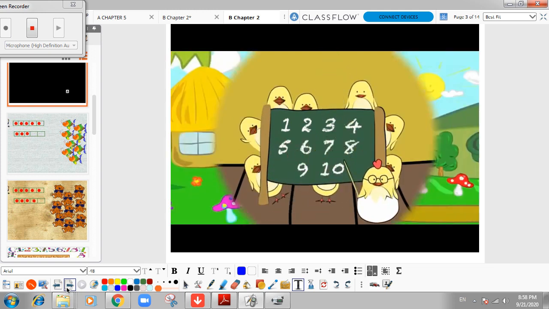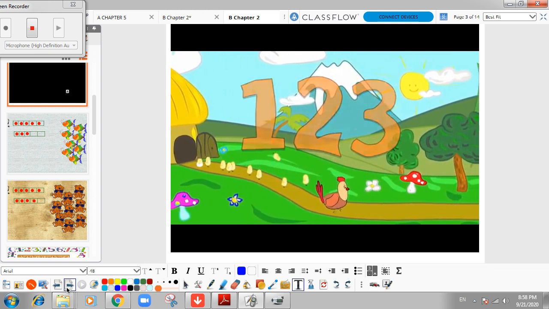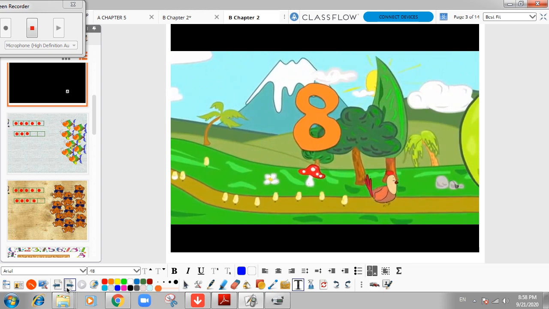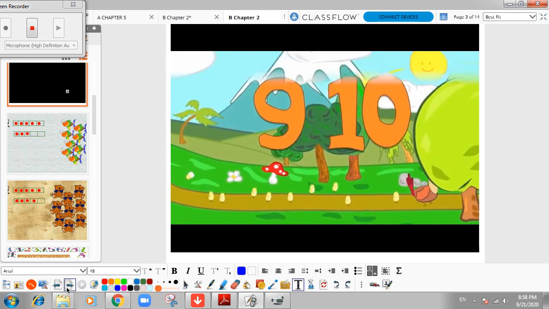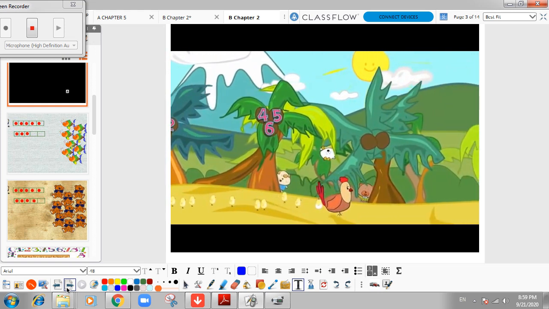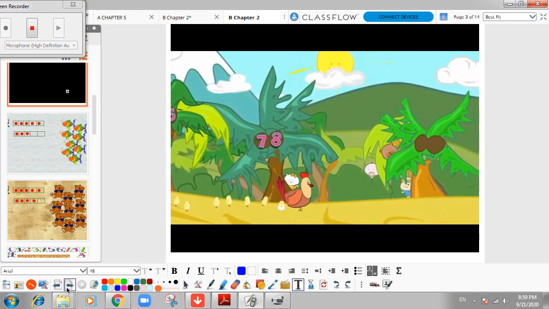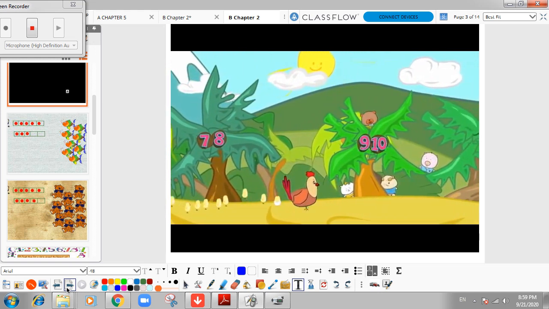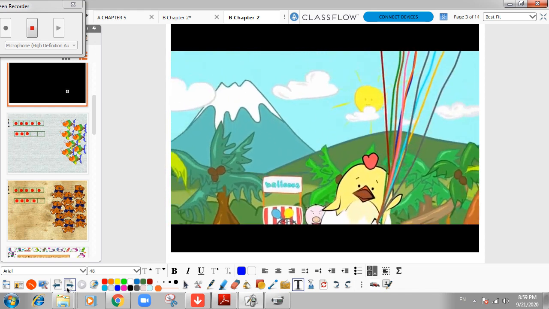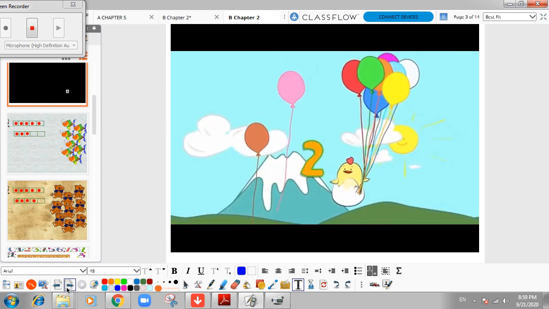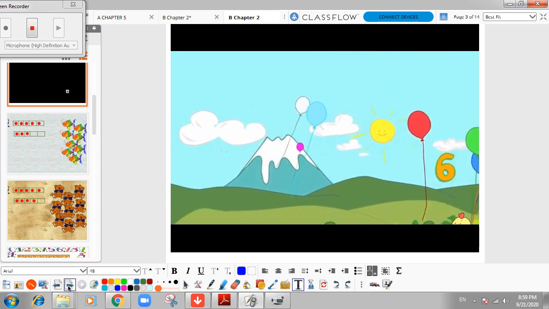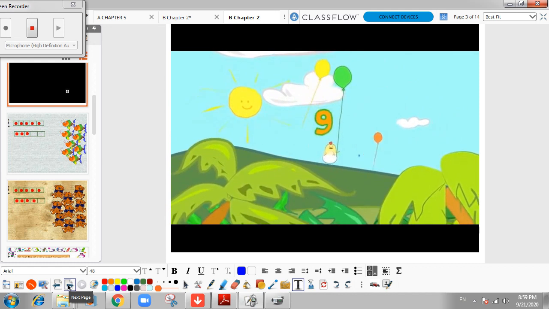How to count? 1, 2, 3. 1, 2, 3. 4, 5, 6. 4, 5, 6. 7. 7. 8. 8. 9 and 10. 9 and 10. 1, 2, 3. 1, 2, 3. 4, 5, 6. 4, 5, 6. 7. 7. 8. 8. 9 and 10. 9 and 10. 1, 2, 3, 4, 5, 6, 7, 8, 9, 10.